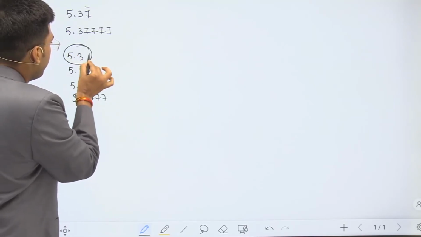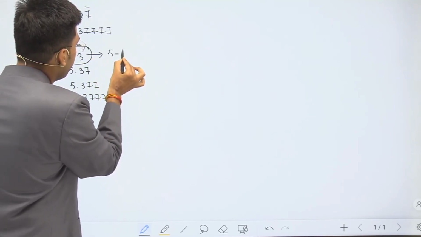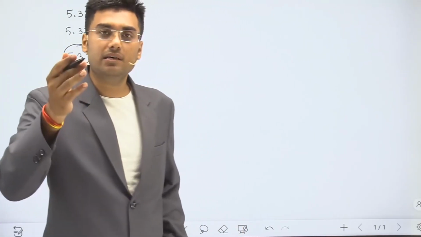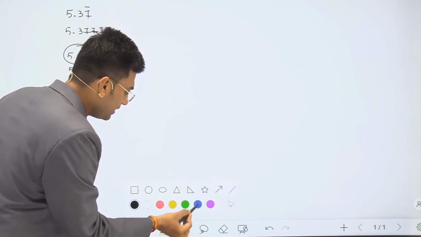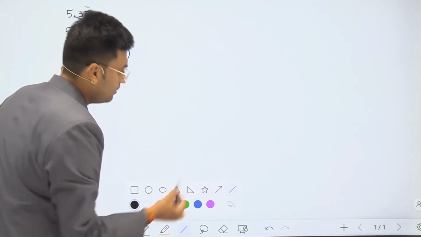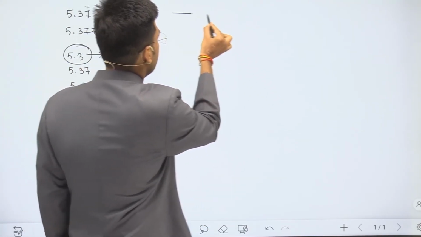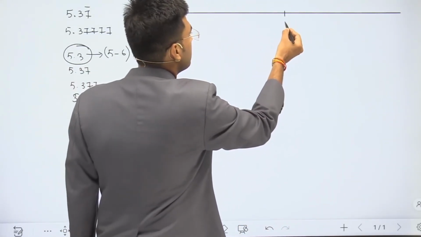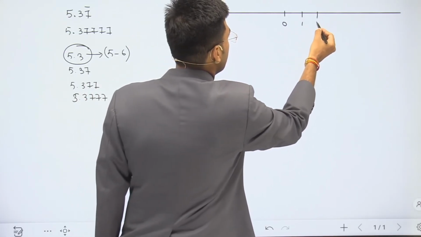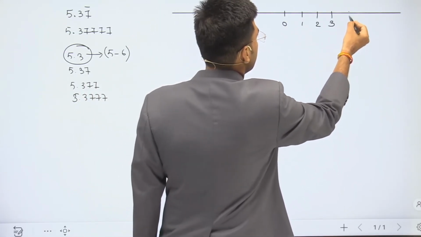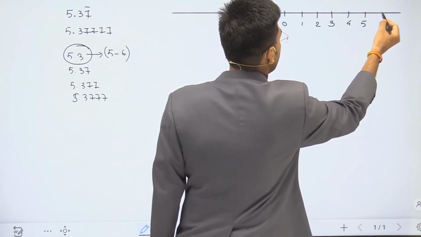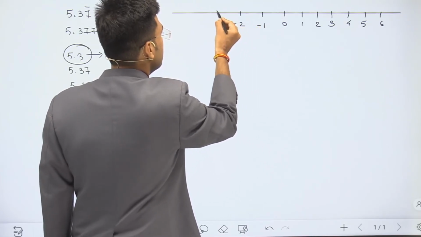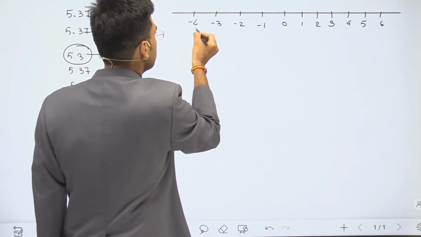Now we know that 5.3 lies between 5 and 6, so we divide 5 and 6 into subparts. This is our number line: 0, 1, 2, 3, 4, 5, 6, and here -1, -2, -3, -4.